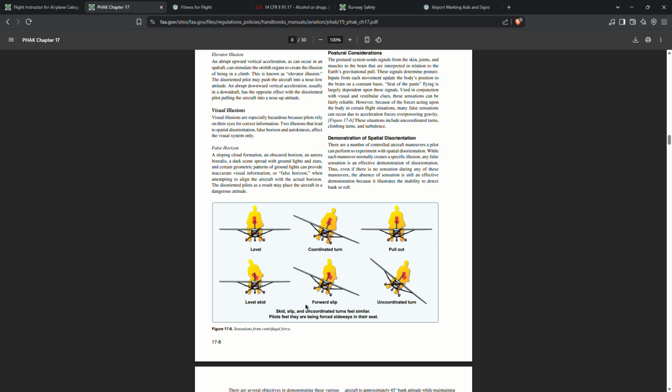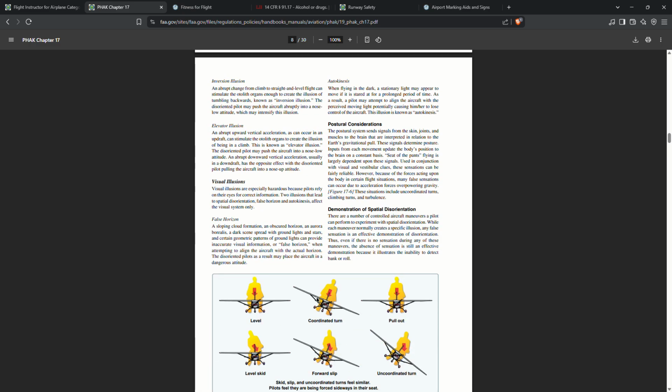If you're moving your body around and around, slip, skid, and uncoordinated turns feel similar, and pilots feel like they're being forced sideways into their seat. We have to understand how our body feels in the airplane to understand if the airplane's flying coordinated. And if you're not paying attention to that, you're going to fly uncoordinated while doing maneuvers as well, which is going to increase your spatial disorientation, and you're going to lose your sense of where you're at plane-wise.